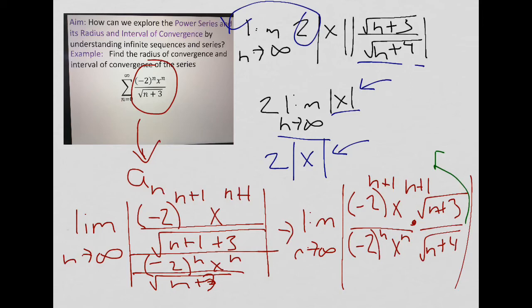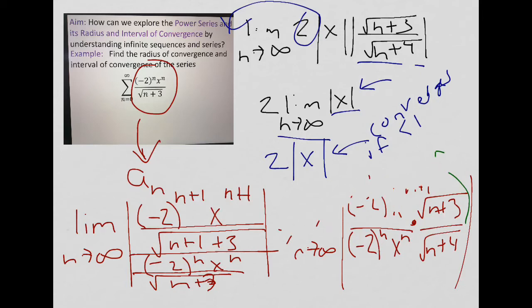So what we have here is the ratio test, and the ratio test converges if this expression is less than 1. When we go to solve for this, I need some space, so I'm going to erase this part.